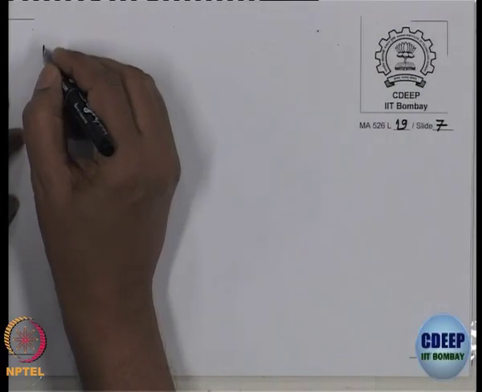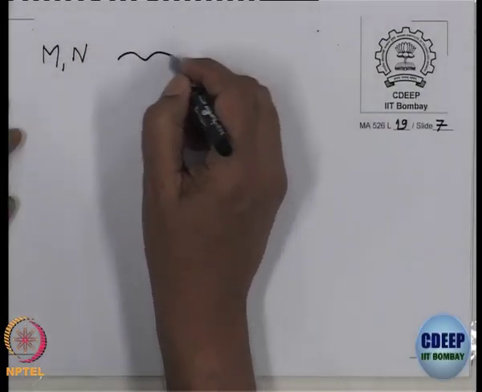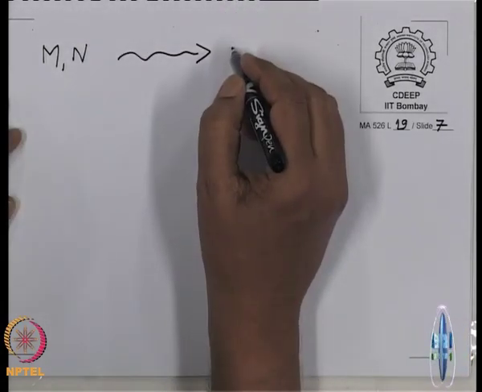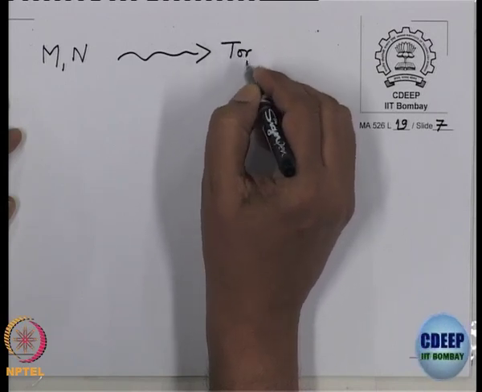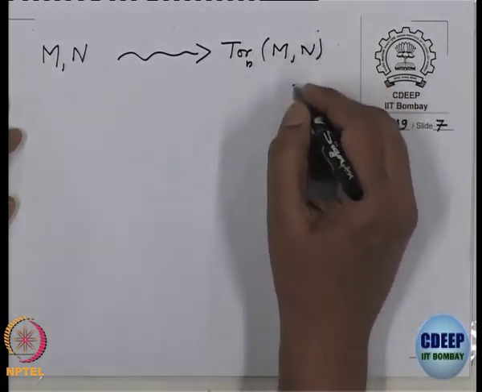So for two modules M and N, we have attached, the first, which came from the tensor product, that is Tor n of M, N, and these are also A modules.